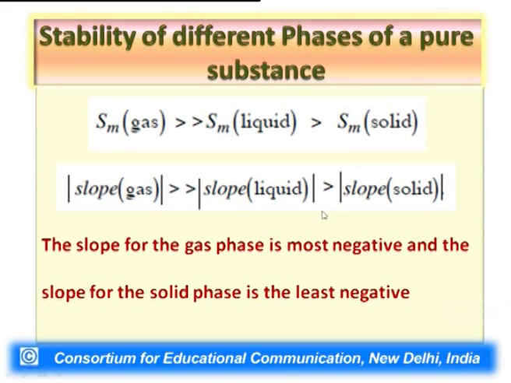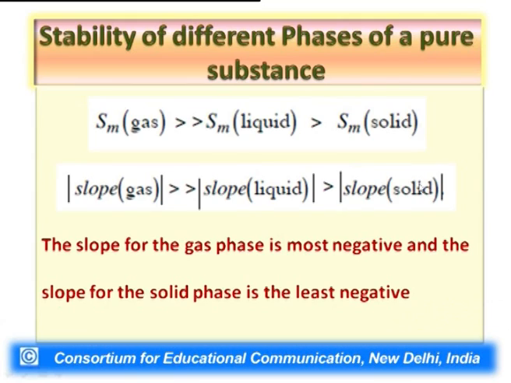The slope for liquid phase is also negative, but its magnitude is lesser than that of gas phase, and the slope for the solid phase would be the least value. The slope of gas phase therefore is most negative, and the slope for the solid phase is least negative.